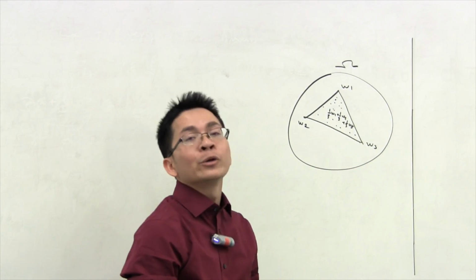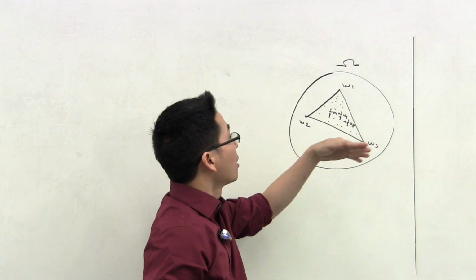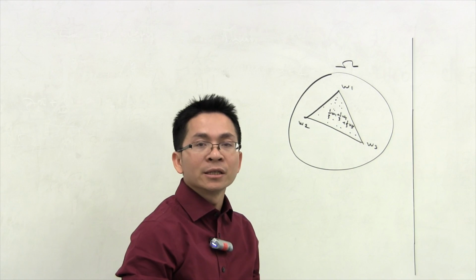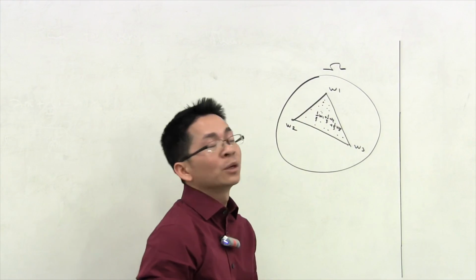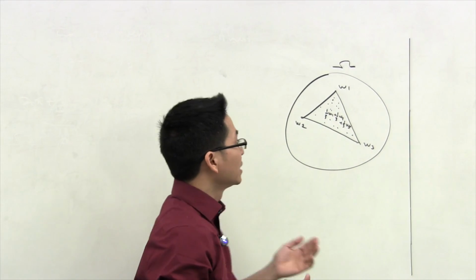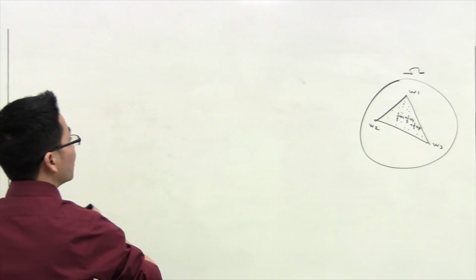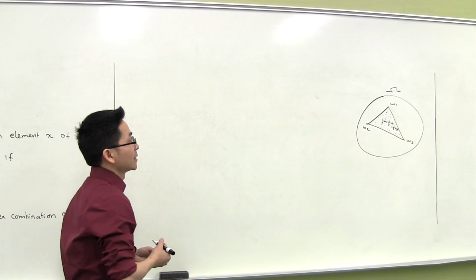In fact, we can show that if omega is a convex set, then all convex combinations of its elements belong to omega. Okay, and the converse is also true. So in this proposition, we're going to see the following characterization of convexity.